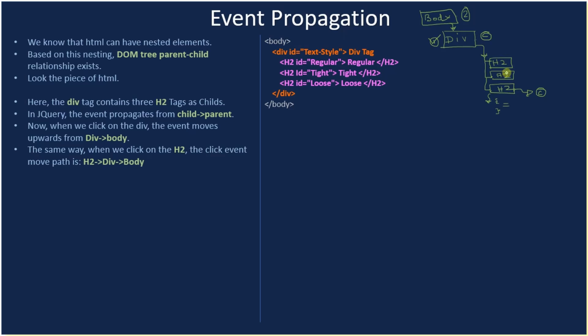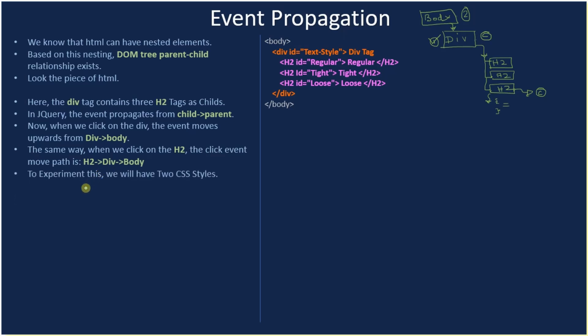It will not get called for the siblings. These are all siblings, not the parent. So from h2 it propagates up and is fired on the div. And if there is a handler, that gets called, then it moves up, then the event is fired for the body. h2 to div to body. That's what we are stating here.